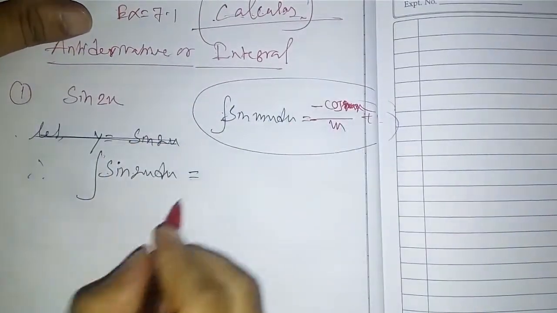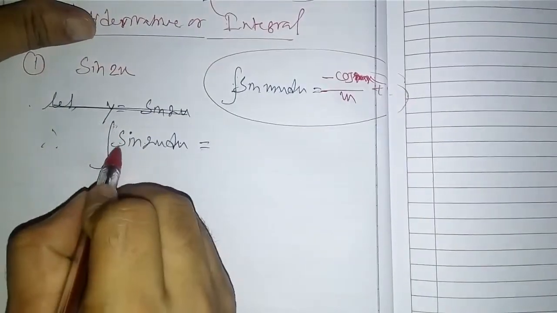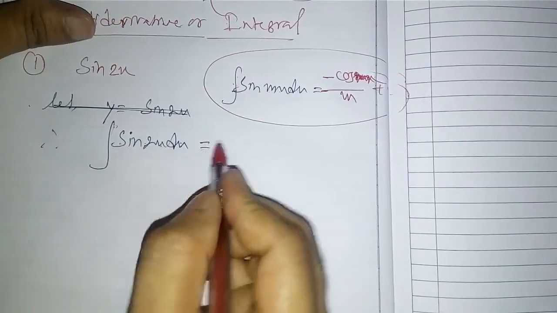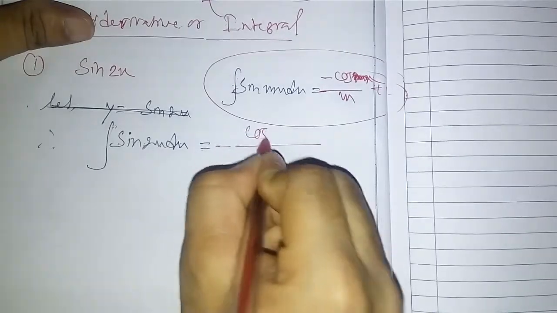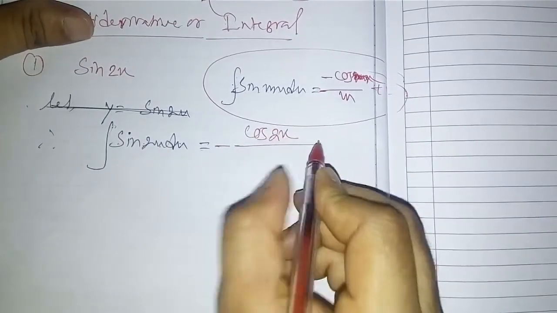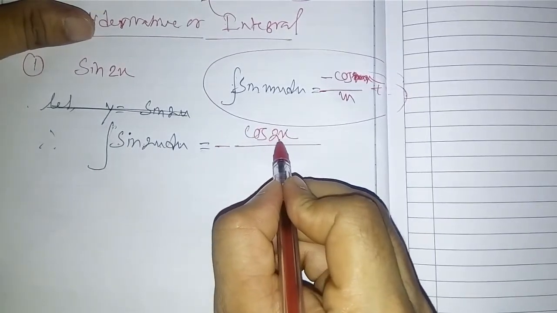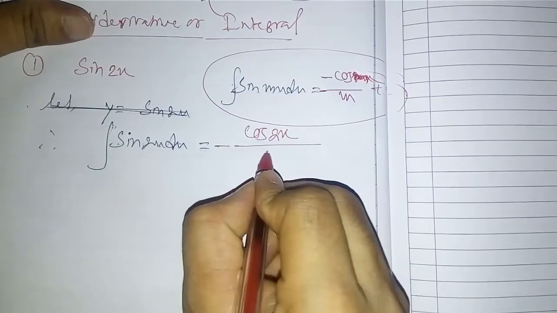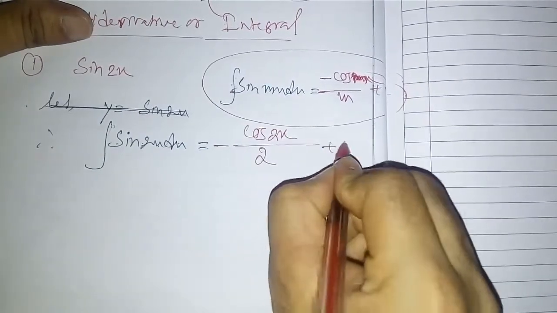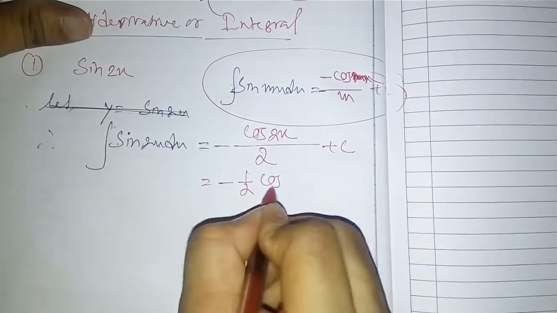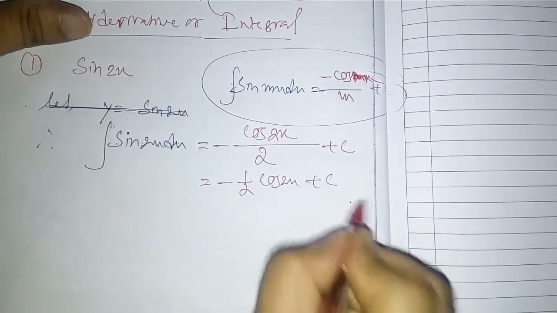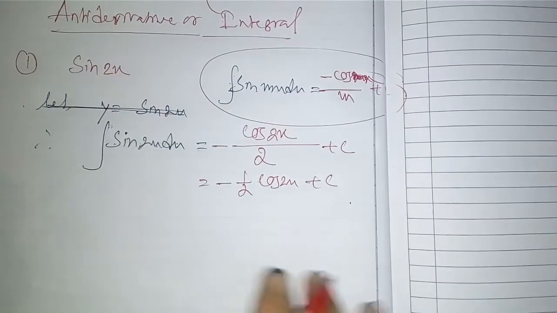So here, integration of sine 2x dx, m is 2, so you can write minus cos 2x divided by 2 plus c, or minus half of cos 2x plus c.